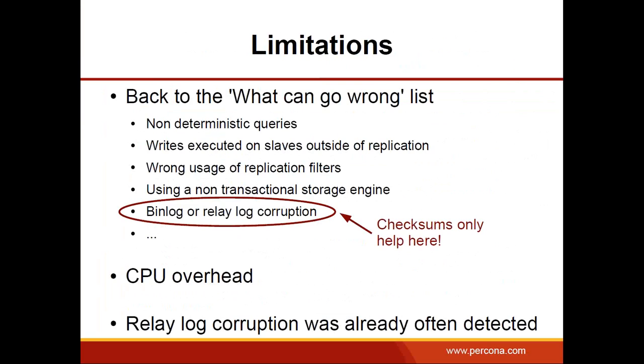It only helps when you have binary log or relay log corruption. So it doesn't help, for instance, if you have a non-deterministic query. It doesn't help if you use the replication filters in a wrong way, etc. So this is good, but this is not a feature that will make replication safe.